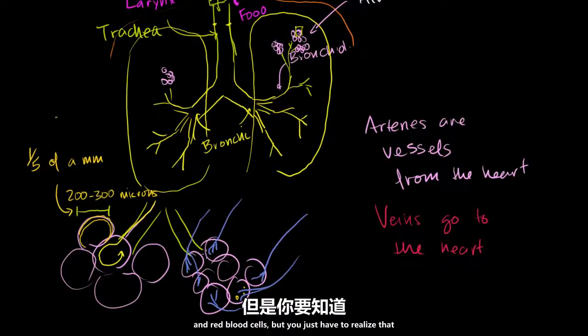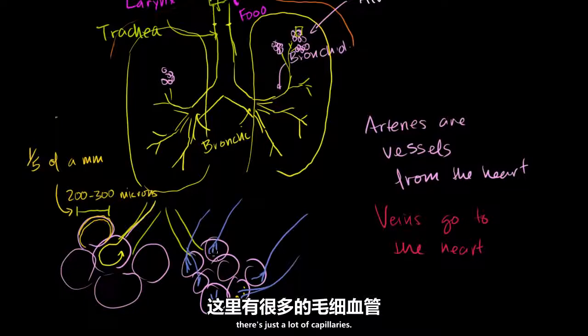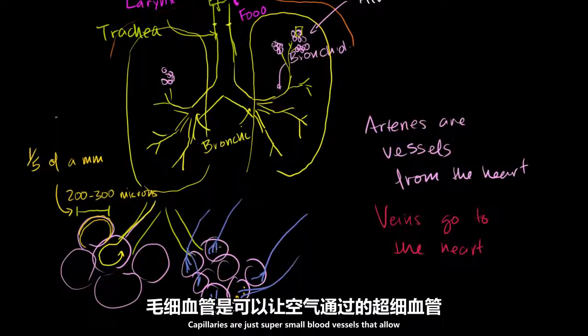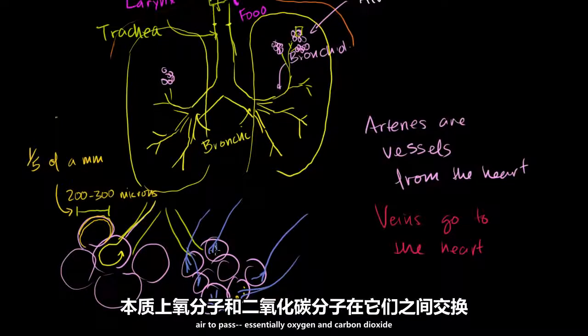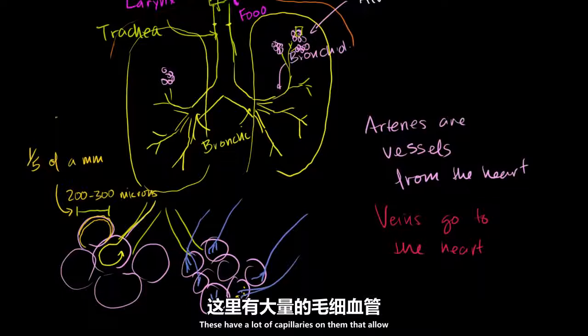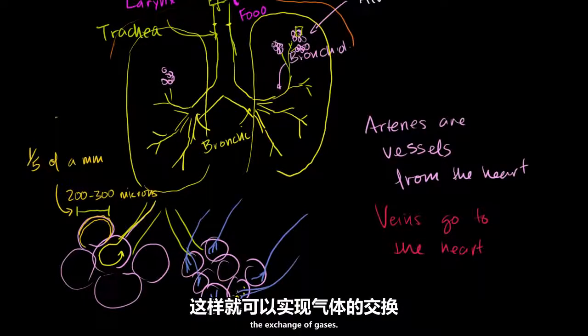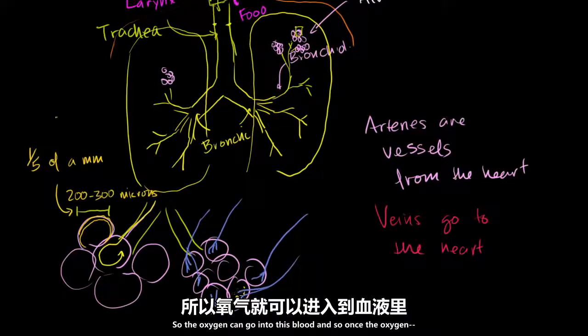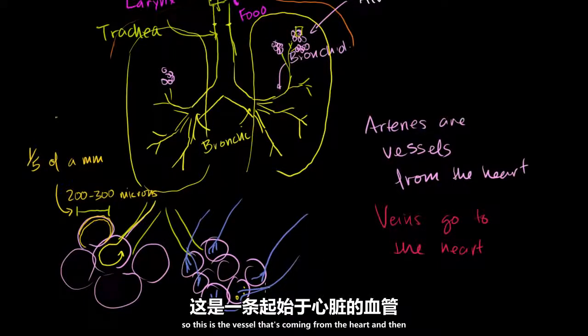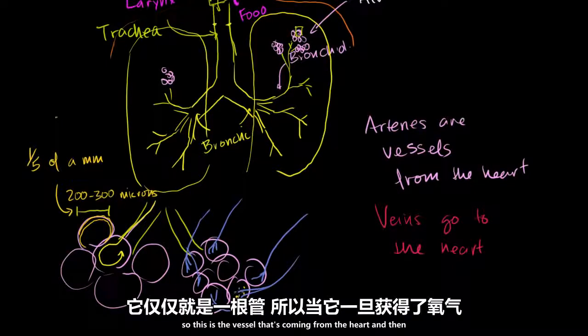But you just have to realize that there's just a lot of capillaries. Capillaries are just super small blood vessels that allow oxygen and carbon dioxide molecules to pass between them. These have a lot of capillaries on them that allow the exchange of gases. So the oxygen can go into this blood. So this is the vessel that's coming from the heart, and then it's just a tube.